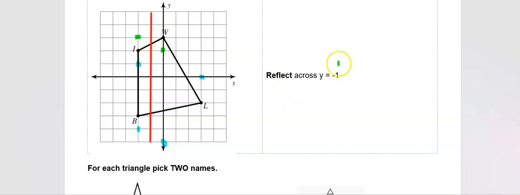It's just showing you whether you're reflecting over the y or the x axis. Just make sure you're paying attention to the red line. So again, if I have B going over once, you go over once this way. L is going 1, 2, 3, 4, so you have to go 1, 2, 3, 4 in this direction.